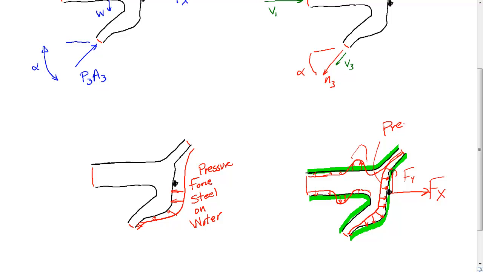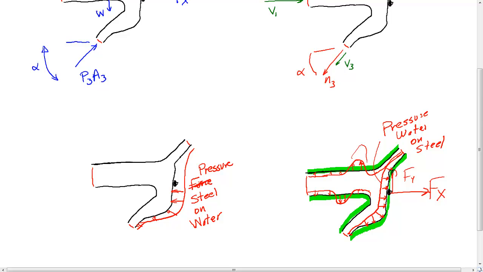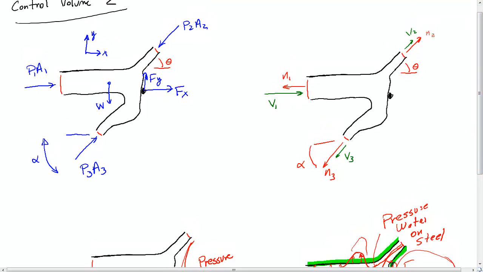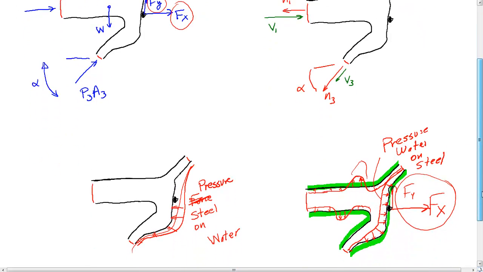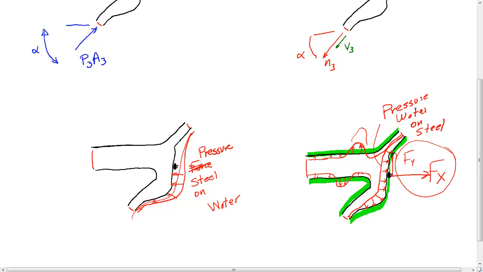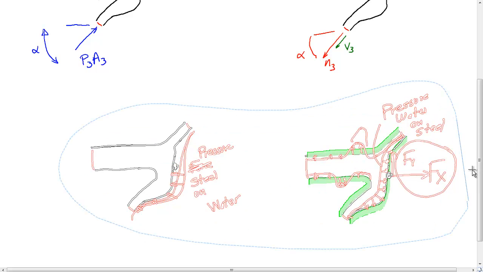And here's the pressure diagram of the water on the steel. Now you notice it's equal and opposite, which is what it should be. Now, if you were to sum up all of these, you would get these forces right here. So this Fx and this Fy is a result of the jacket put on the outside of this water flow. So from that perspective, I can delete all this now that we have some understanding here, hopefully.